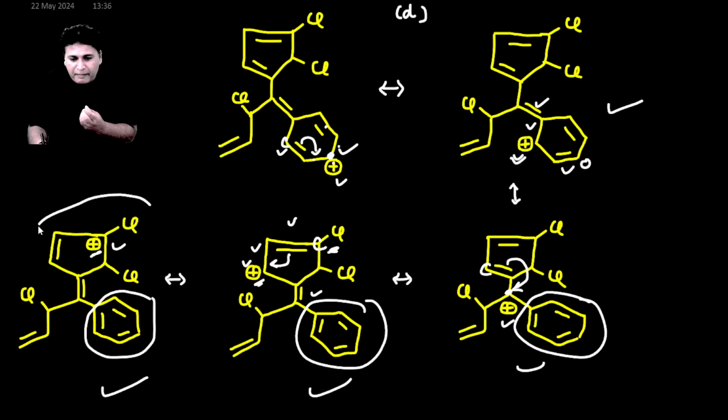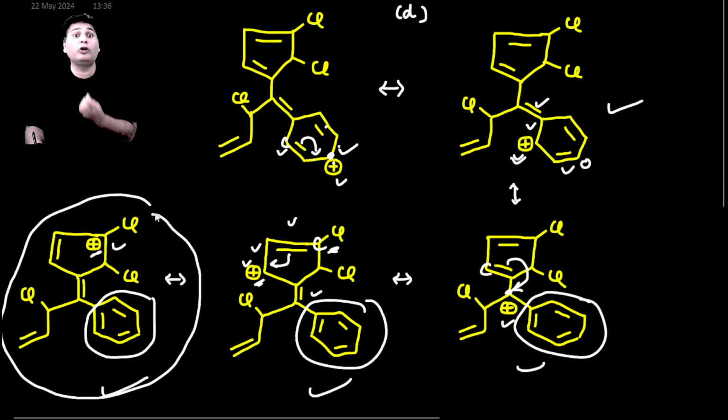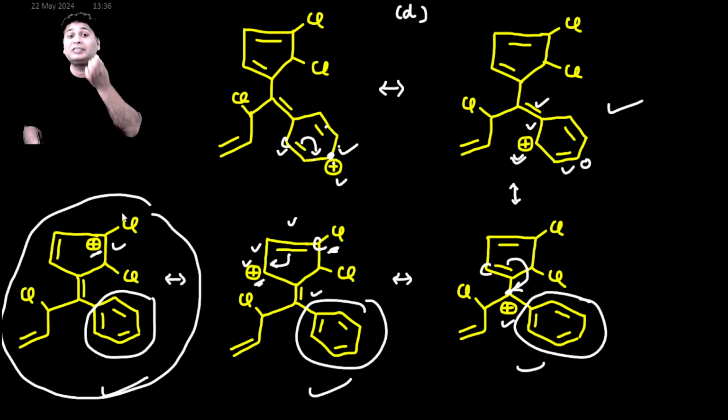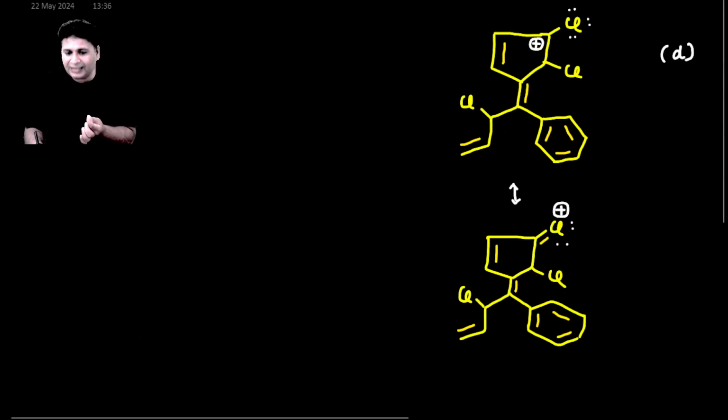Now after I have made this carbocation, I will not stop at this point, because there is something more to this carbocation which is still left, and that thing I have given here. You see, you had got the plus charge over this carbon.